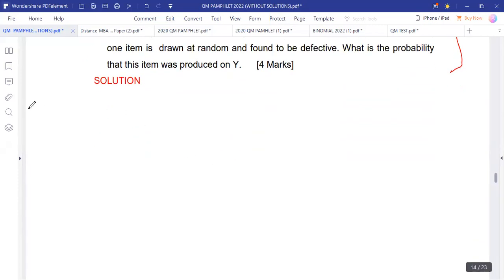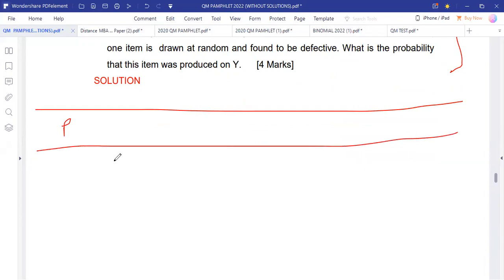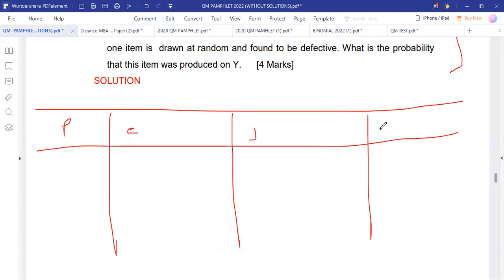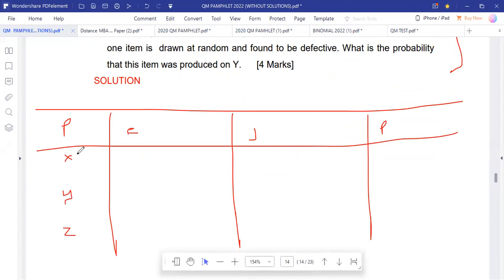So this is the same thing we were just talking about here. Prior probabilities. Then we got what? Conditional. Then we got what? Joint. Then we got what? Posterior. So X, Y, and Z, what were the probabilities? 1/3, 1/3, 1/3.